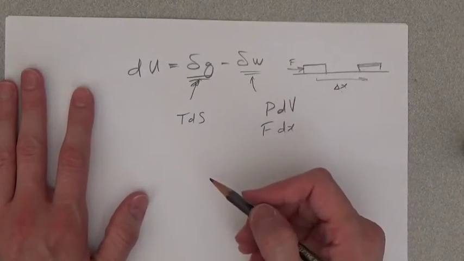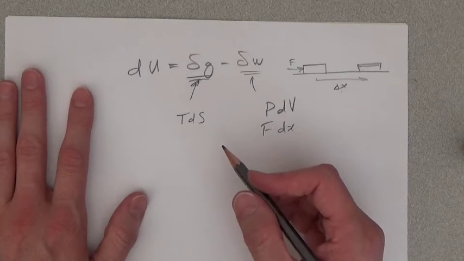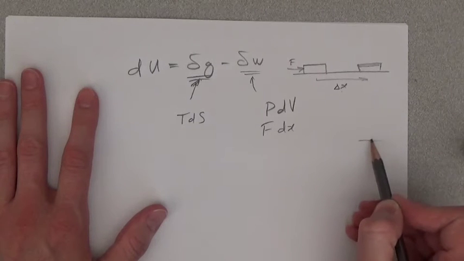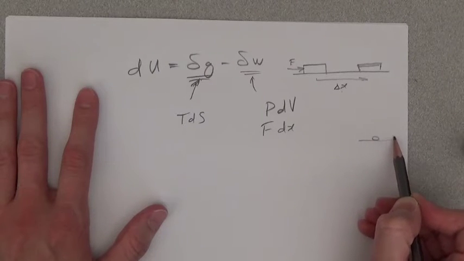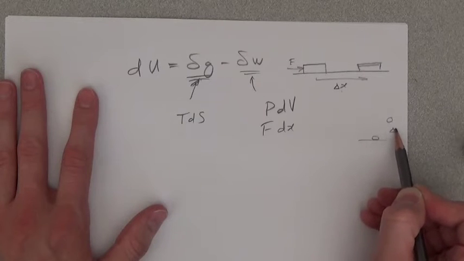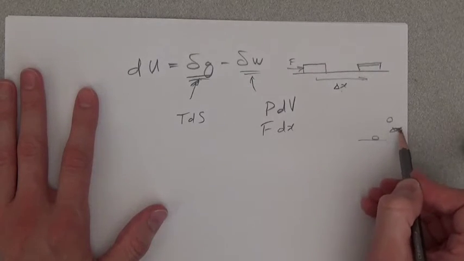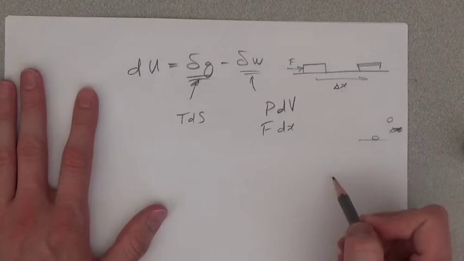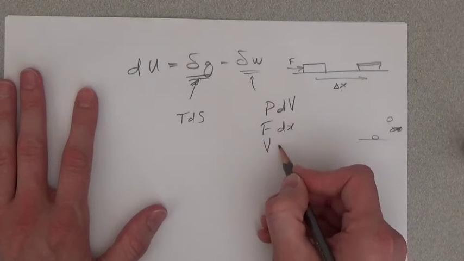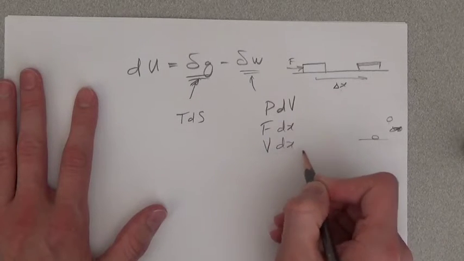Another way to think about this is in terms of potential energy. You have something and you raise it by a certain distance. Well, you've increased the potential energy by potential times delta x.